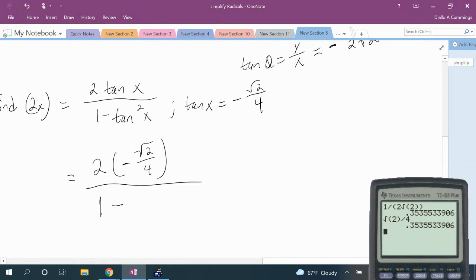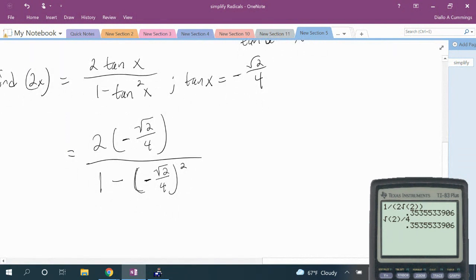So that's 1 minus the tangent, which is negative square root of 2 over 4, quantity squared. At this point, I'm going to give you 5 minutes or so to attempt to solve this, and then I'm going to return with the solution.